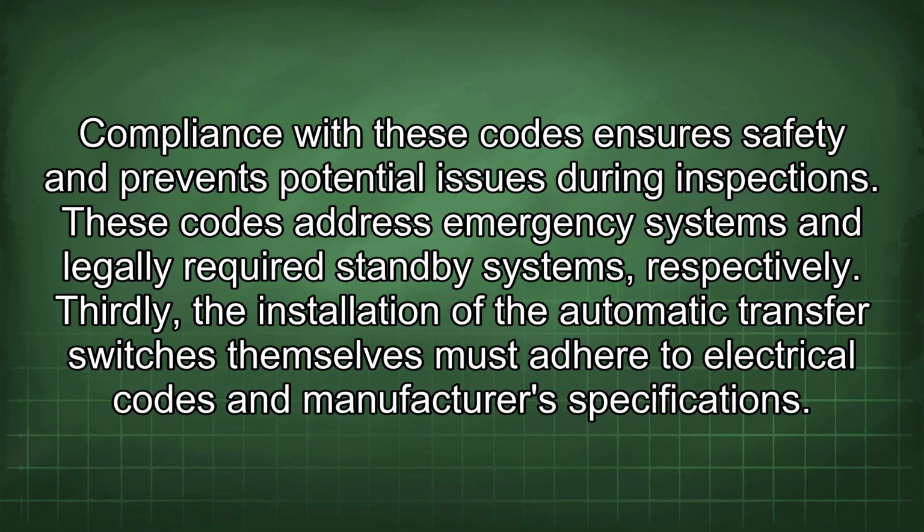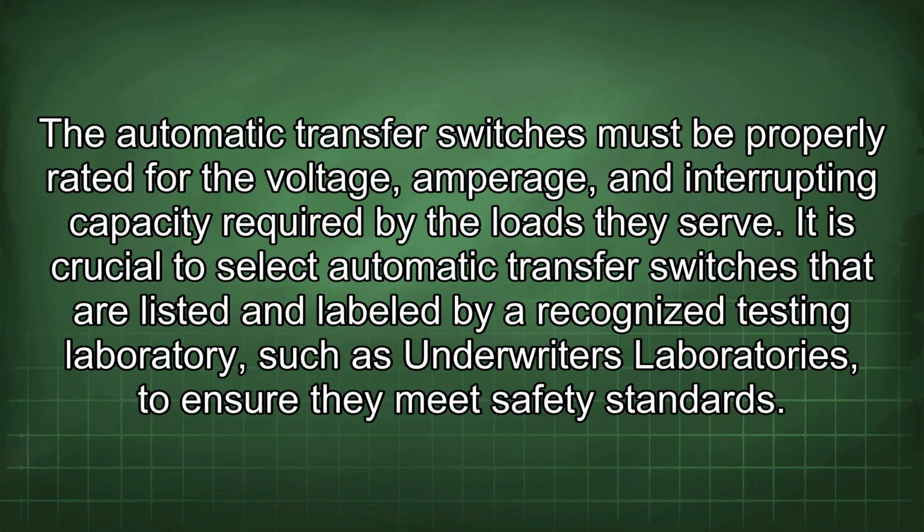Thirdly, the installation of the automatic transfer switches themselves must adhere to electrical codes and manufacturer's specifications. The automatic transfer switches must be properly rated for the voltage, amperage, and interrupting capacity required by the loads they serve. It is crucial to select automatic transfer switches that are listed and labeled by a recognized testing laboratory, such as Underwriters Laboratories, to ensure they meet safety standards.